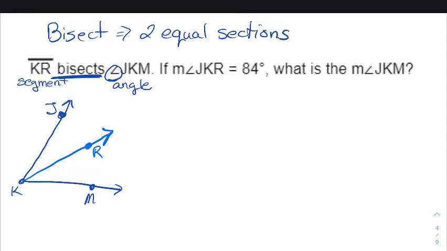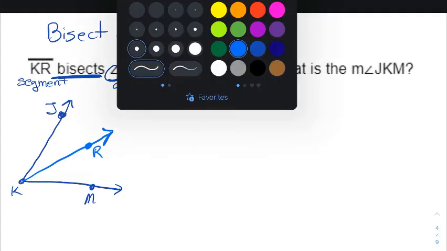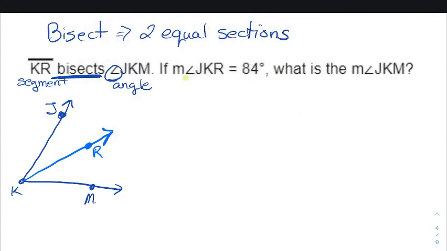All right, so if JKR, so we have to be, again, very careful what we're looking at. So the angle JKR is 84 degrees.